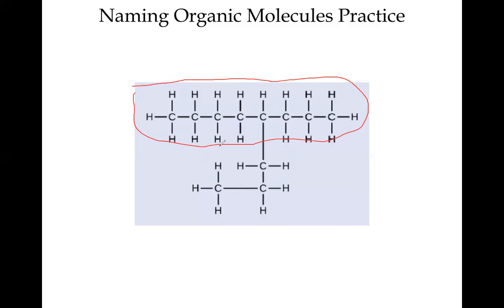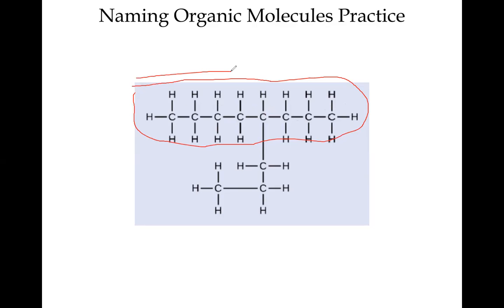And if we're considering this a branch, we want it to be 4, not 5. So we would number it from this direction to make this a 4. If we numbered from the other direction, then this would be 5. So that's already off to a bad start. But 8 is the longest chain in that scenario.